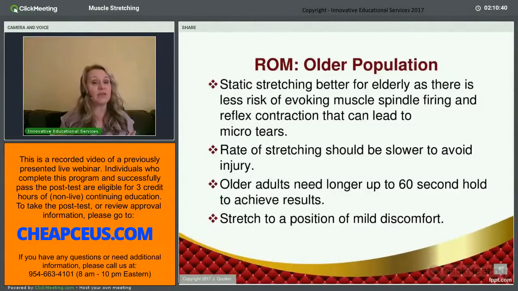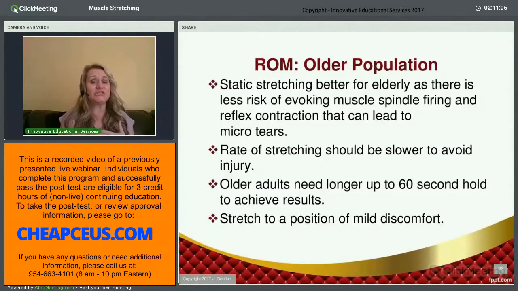As clinicians, we want to come in slow with the force of our stretch because these tissues are a little less elastic. They are going to take a little more time to respond. So we don't want the initial force of our stretch to be too aggressive because we run the risk of some micro tears in the tissue that is slower to heal in our older individuals.